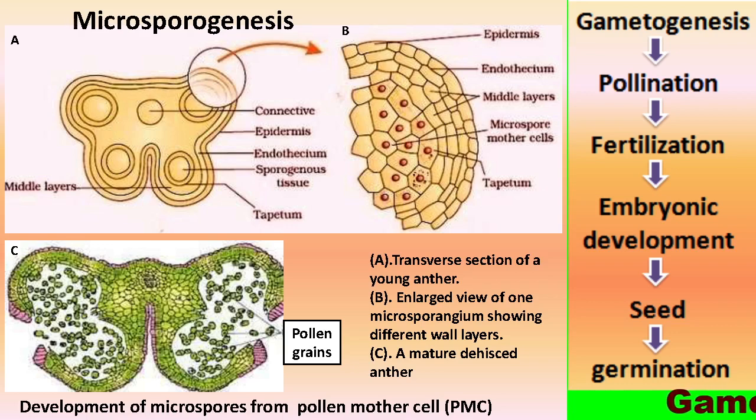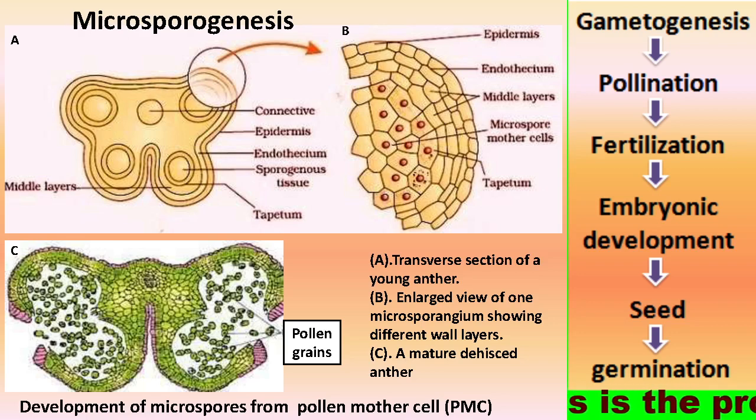Now, what is microsporogenesis? Microsporogenesis is the process in which pollen grains are produced. Pollen grains are produced from sporogenous tissue. You can see in this figure there is the sporogenous tissue which is present in the tapetum.